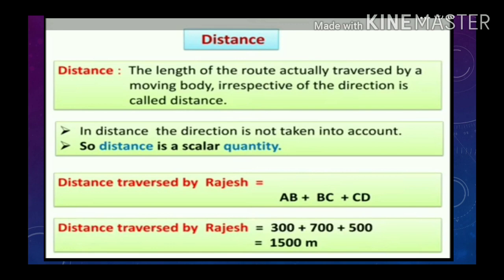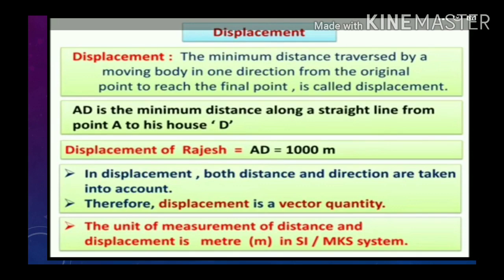The distance traversed by Rajesh is equal to AB plus BC plus CD, which is 300 plus 700 plus 500 meter, that means 1500 meter. See the displacement. The minimum distance traversed by a moving body in one direction from the original point to reach the final point is called displacement.